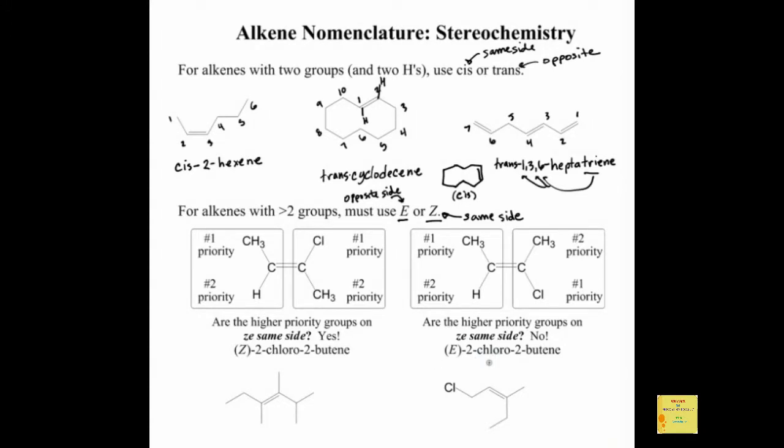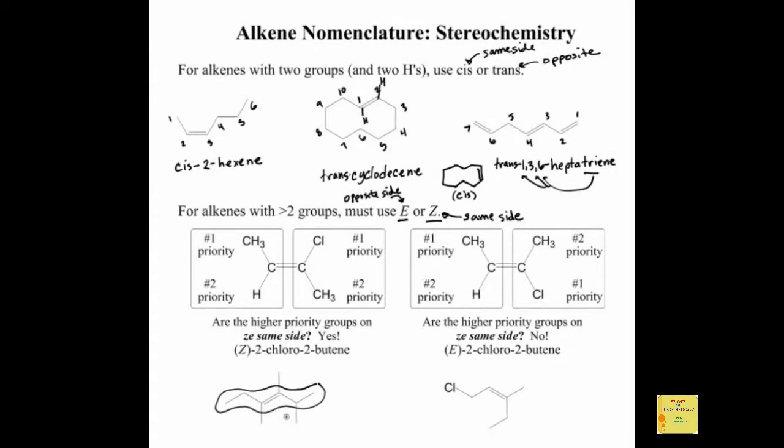So let's take a look at a couple quick examples here. How would we name this alkene? The longest chain that contains the double bond is right here. And what side do we number from? 1, 2, 3, 1, 2, 3. Well, this is a case where we'd have a tie for the double bond. So how do we break that tie?